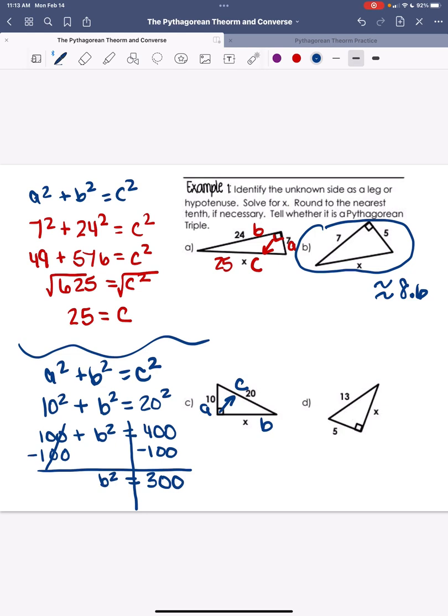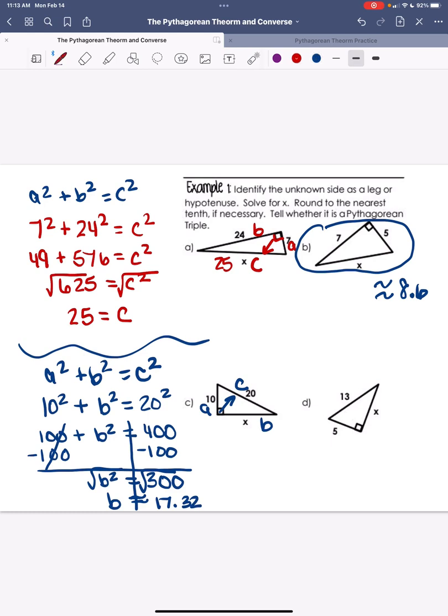And just like in the last problem we did, the very last step that you do is take the square root because it is the opposite of squaring. So the square root of b squared is b. And if you put in the square root of 300 into your calculator, you're going to get about 17.32 units.